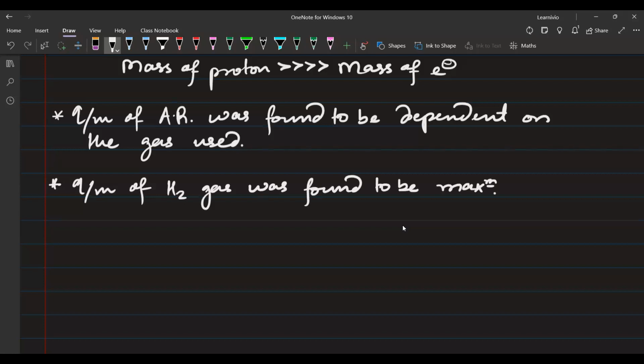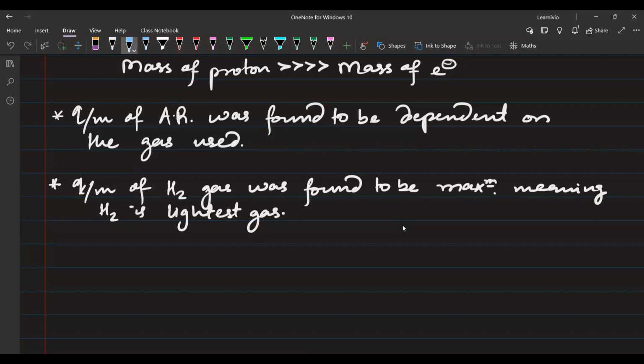Okay. If this ratio is maximum, that means obviously ये जो mass होगा ये बहुत कम होगा. This mass would be lowest. H2 is the lightest gas. Okay, if mass is low, then only this ratio will be high.